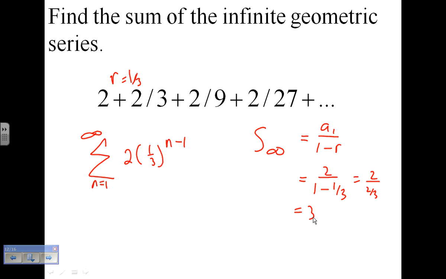Does that seem right? I don't know. You put your calculator in some sequence, and you put in 2 times 1/3 to the parentheses x minus 1, comma x, comma 1.